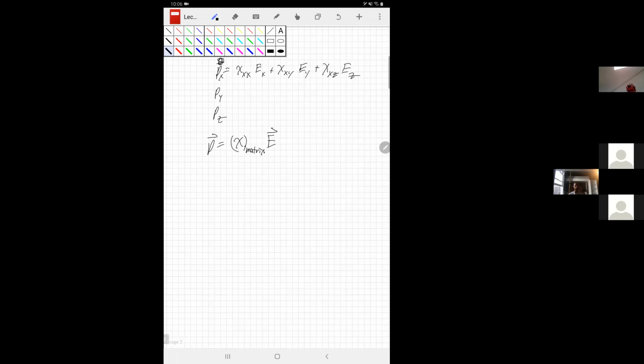Now, people come up with all sorts of notations for matrices. Sometimes they will put little double squiggles under them. Sometimes they'll do them in bold print. That's a little bit harder to do when writing by hand. We're going to have to often just do it by context.